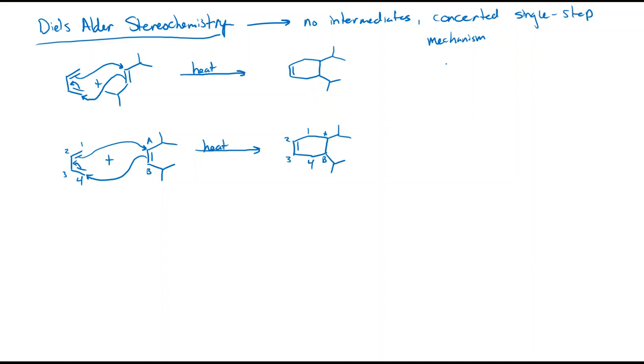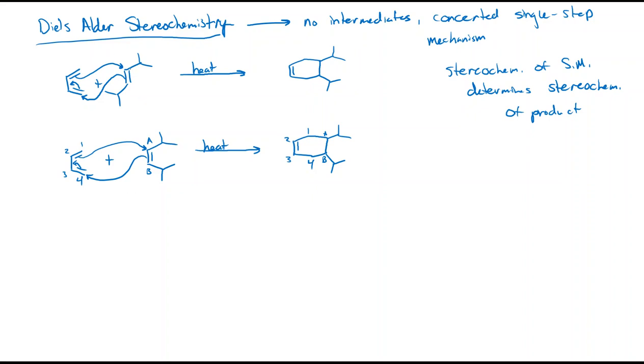But practically what this means for us is that the stereochemistry of the starting material determines the stereochemistry of the product, because there's no intermediate where those kinds of things will change as we go through this.